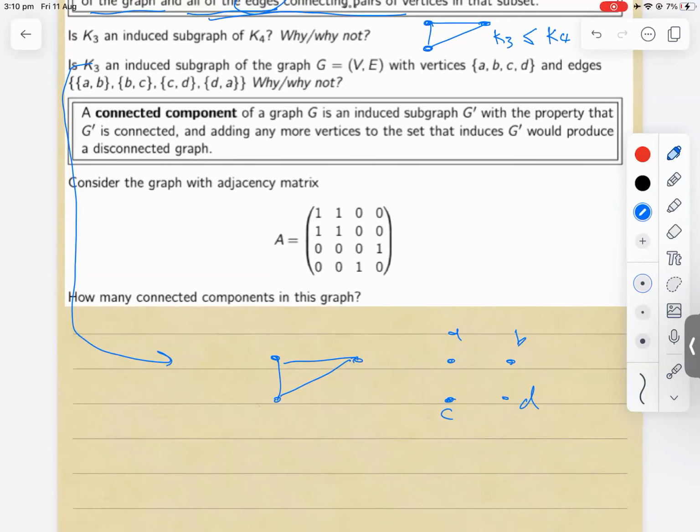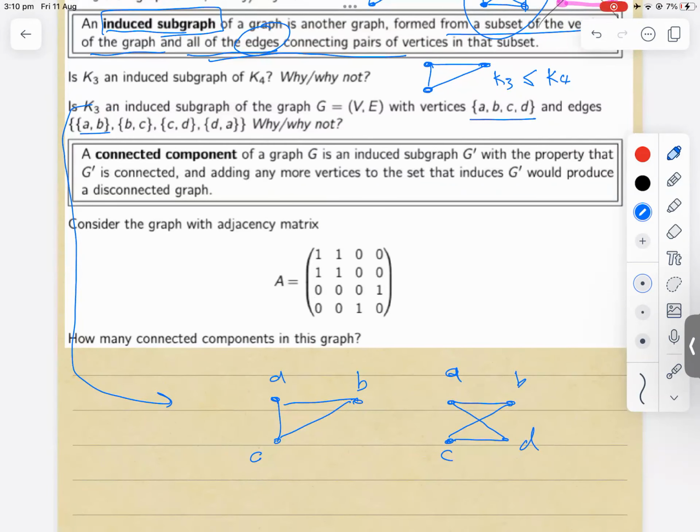So A, B, C, D. The edges are A B, B C, C D, and D A. A, B, C, D. A B, B C, C D, and D A. So which one is the problem?